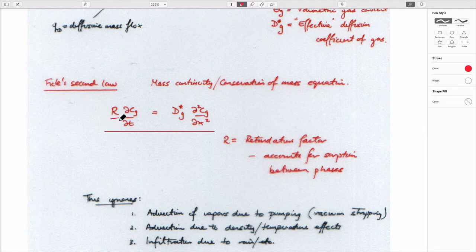And we can do just as we did before. You could imagine dividing both sides through by retardation. This becomes 1.